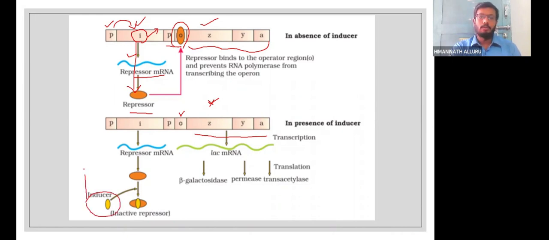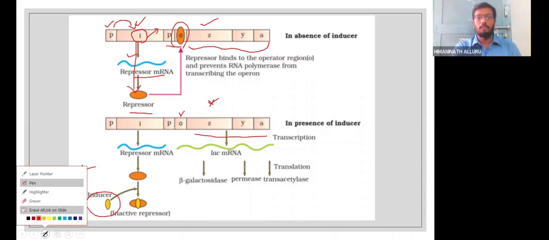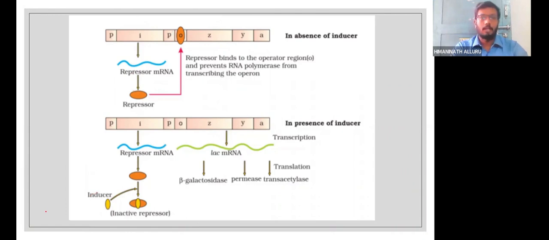If the inducer is not there, the repressor is free to bind to the operator region. If the inducer is available, it will lock the repressor and inactivate it, so that the operator is free and the structural genes will be expressed. So students must have clarity on what happens in the absence and in the presence of the inducer.